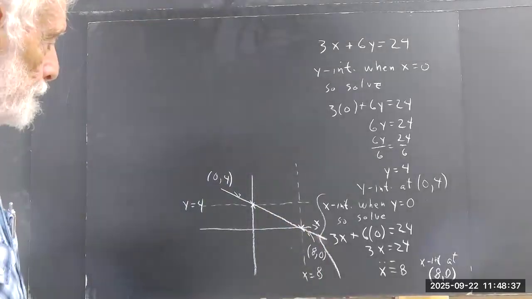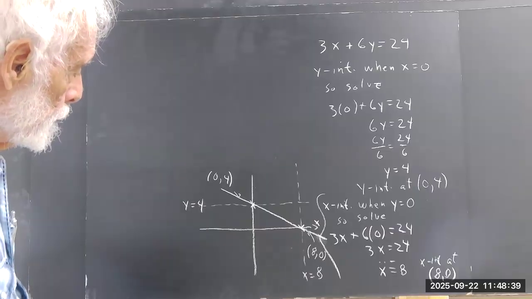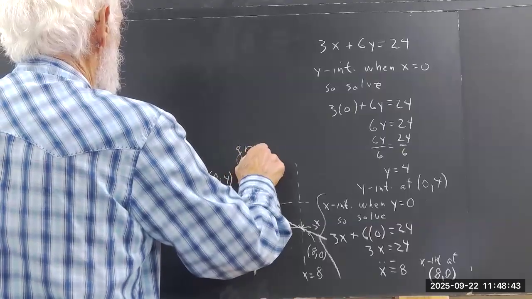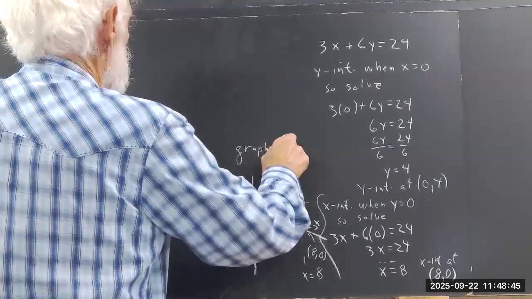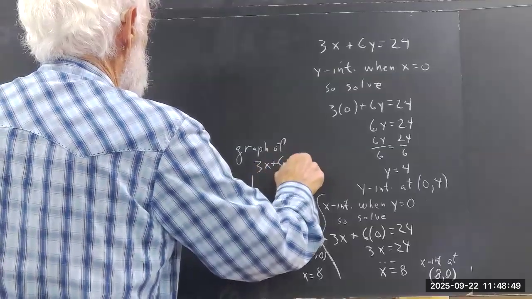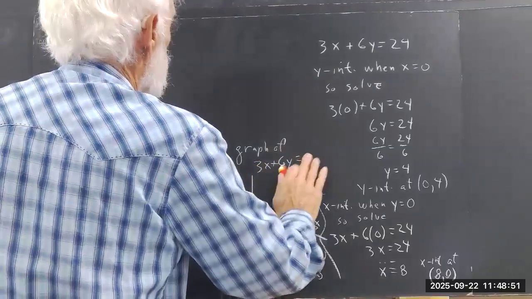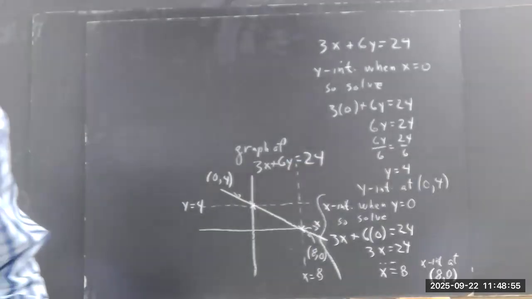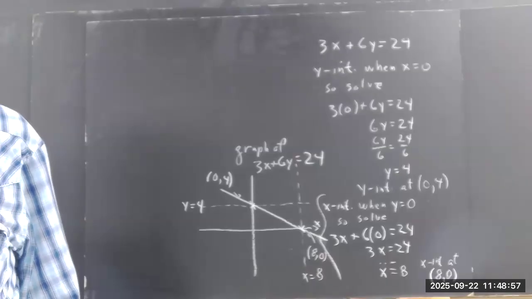And now we can make a line. And this is the graph of 3x plus 6y equals 24. Okay? Make sense?